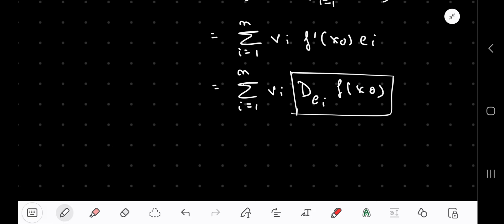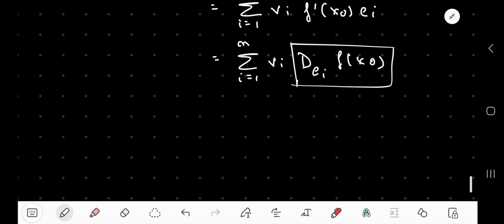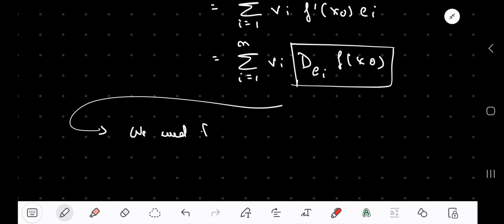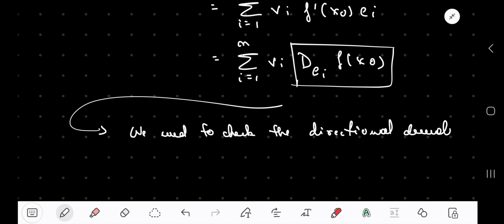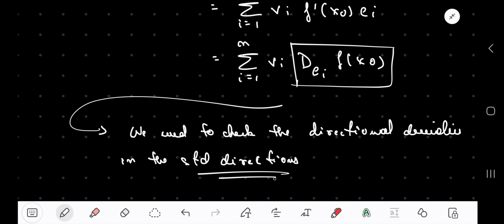Therefore if these exist, then we just need to check the directional derivative in the standard directions, in the sense in the direction of the standard basis vectors, and these will account for existence of directional derivative in every direction, right?